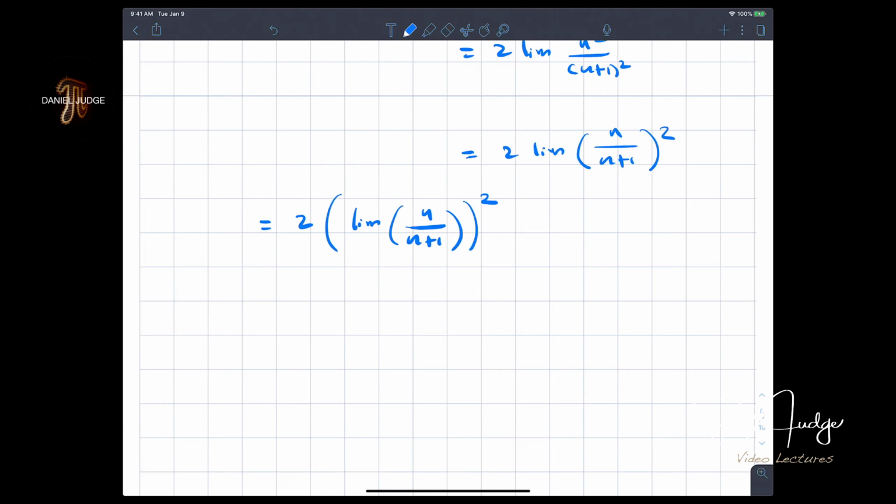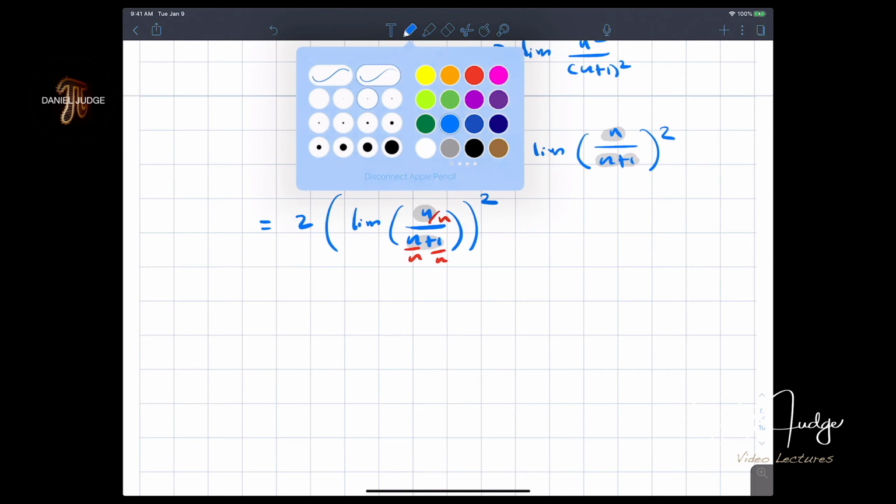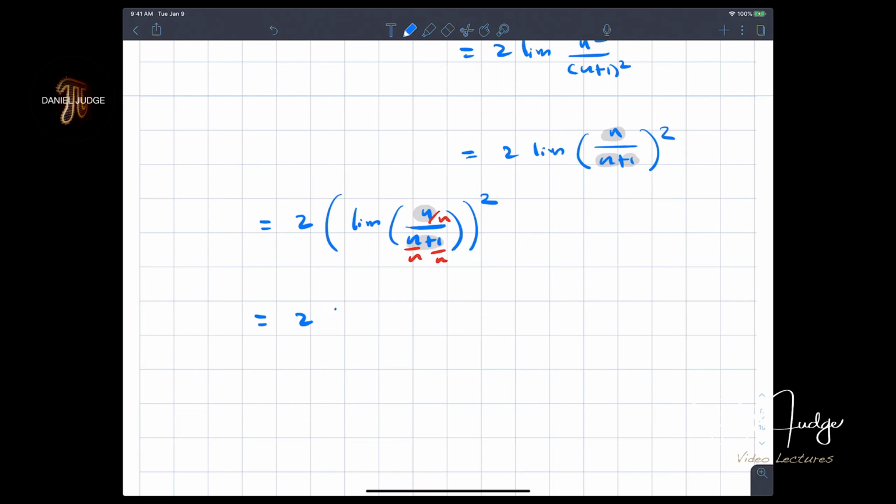Or I could just simply look at what happens to this as a limit, which is the same sort of thing. We're going to use Calculus 1, divide by every term or the variable with the highest power in the denominator. Like I said, your limit skills will come into play here. 1 over 1 plus 1 over n. And don't forget that answer is going to be squared.